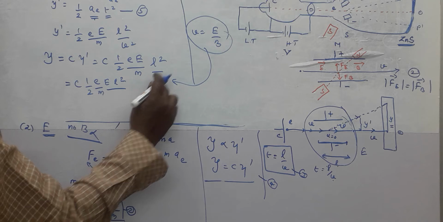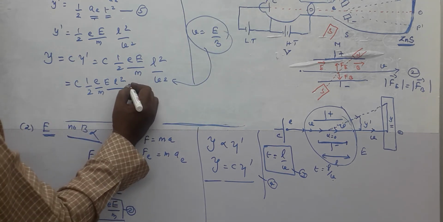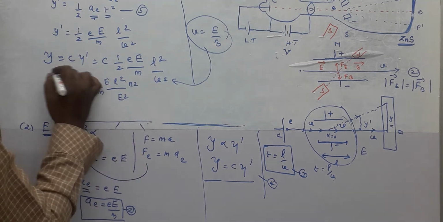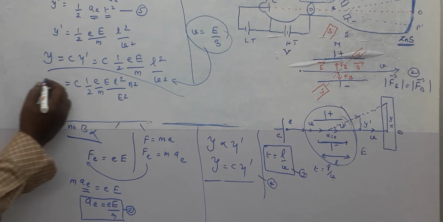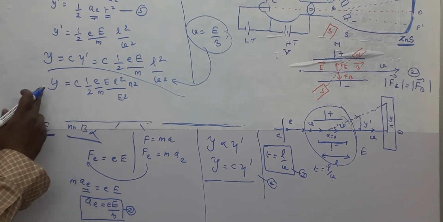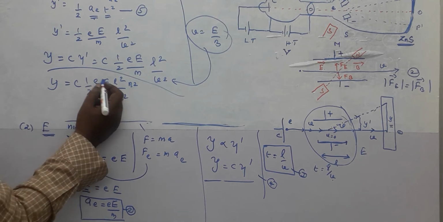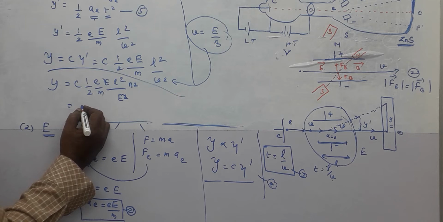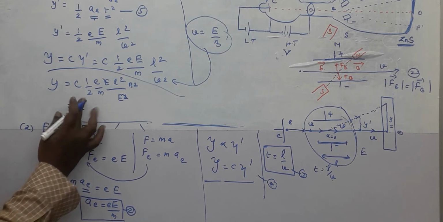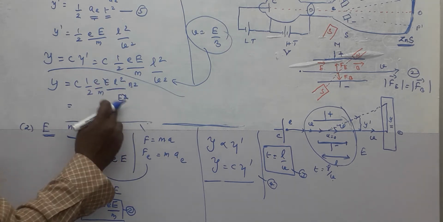Instead of v square, you have to substitute E square by B square, that goes upper. That's why we finally get the equation y equal to c by 2, e by m, L square B square by E. One E is cancelled.